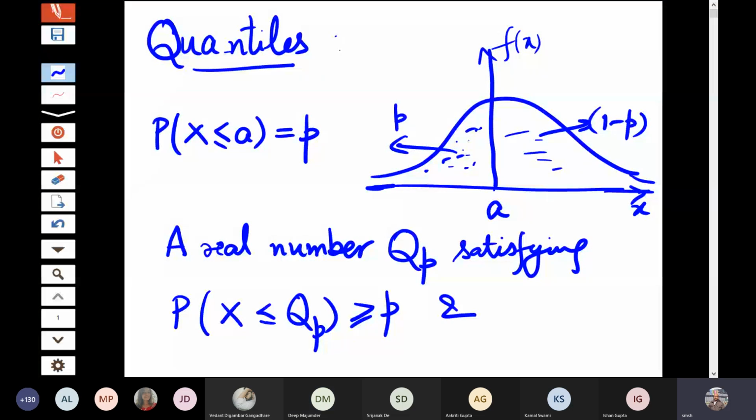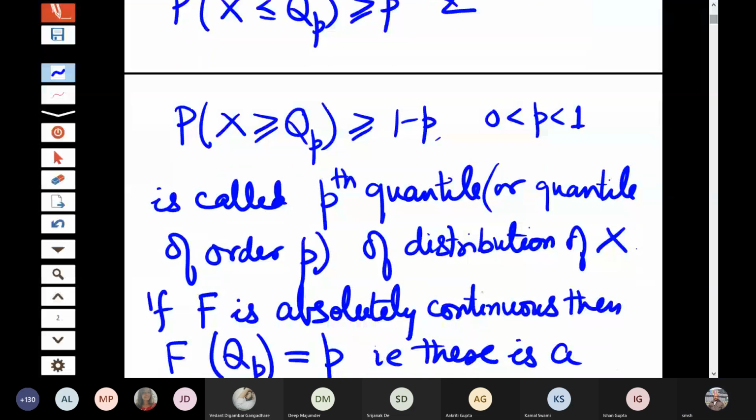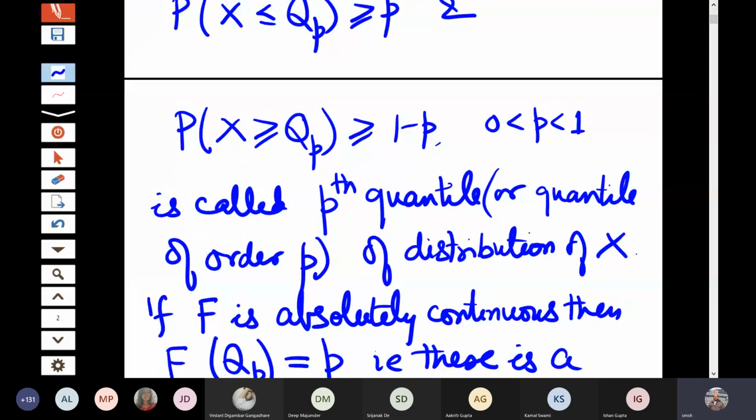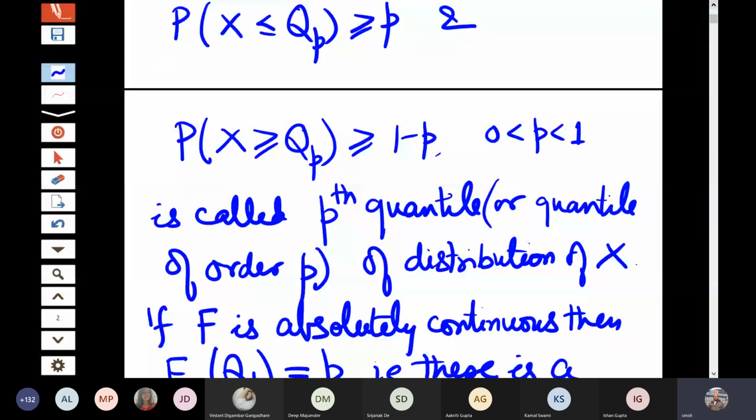Now to give a proper definition of this, because we need to cover the general discrete case as well as the mixed random variable case also, we define a real number Q_P satisfying probability that X is less than or equal to Q_P is greater than or equal to P, and probability that X is greater than or equal to Q_P is greater than or equal to 1 minus P, where P is a number between 0 and 1.